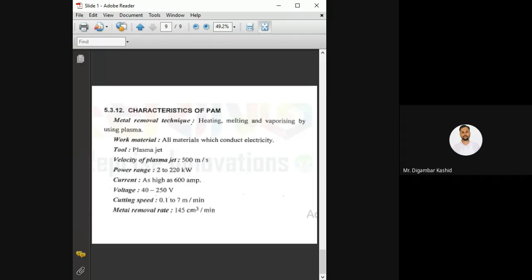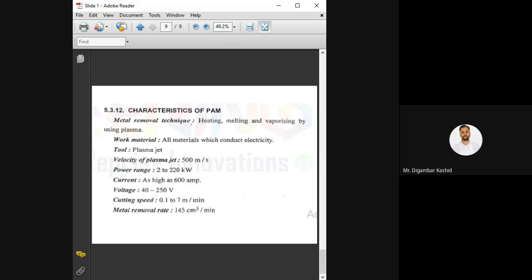Then after heating, it becomes ionized and emerges from that torch as a plasma jet. This plasma feeds the heat to the workpiece, and through that heat, melting and vaporization, material is removed. This non-transferred arc type plasma you can use for non-conductive materials.